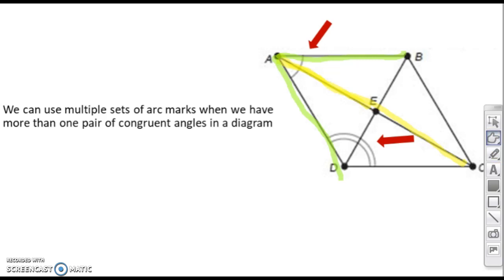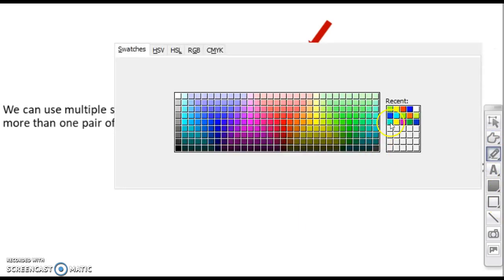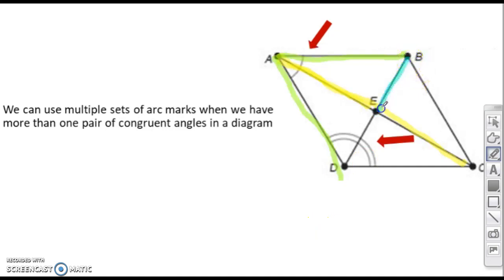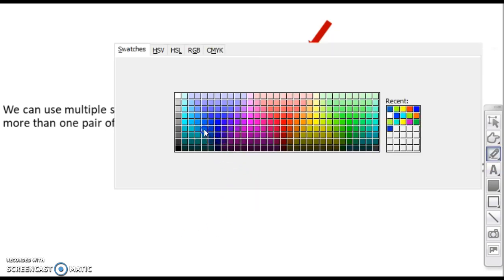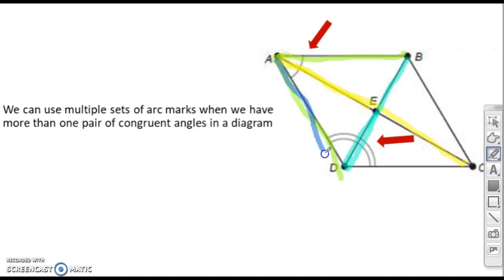And another example on this one for angle bisector, we have BD, or just ED, these are segments, is the angle bisector for ADC. So a segment divides an angle into two congruent angles.